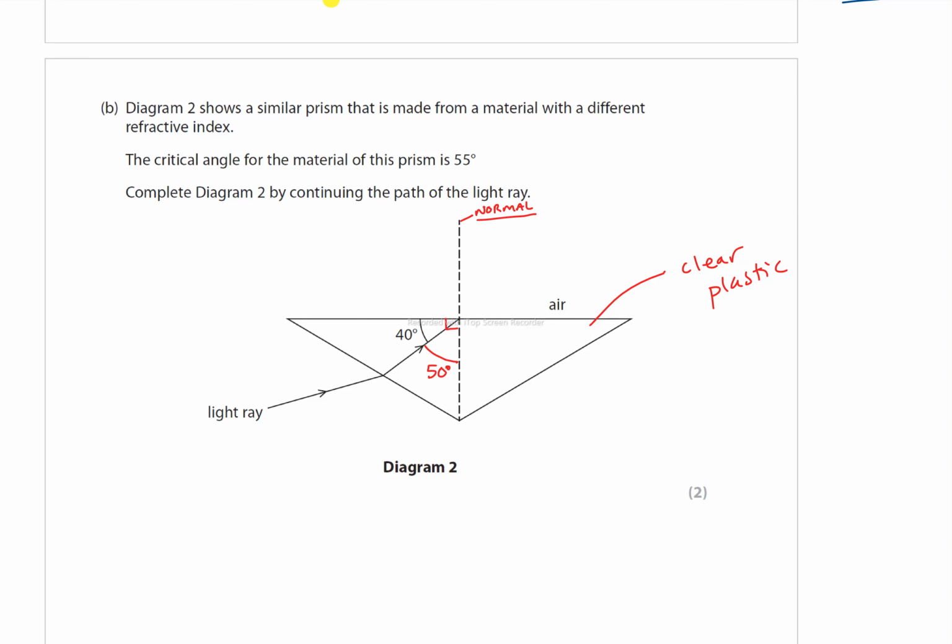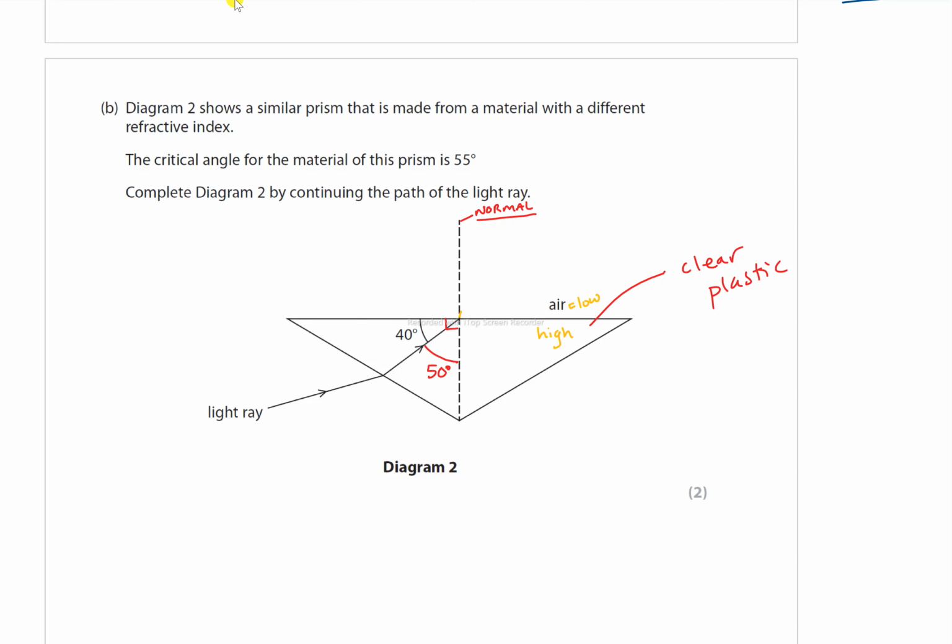Right, so when the ray comes in, it's going from high density, and air is the lower density, so it's going to bend, it's going to refract or bend towards the normal. No, I'm doing that again.